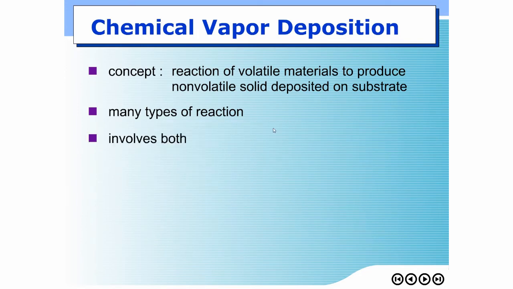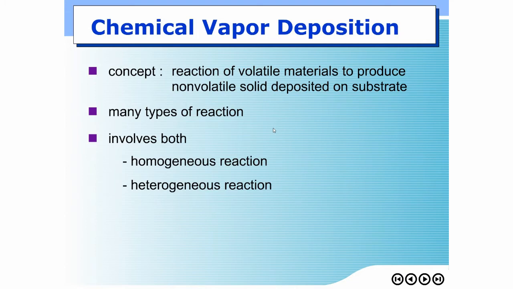The CVD process involves both homogeneous nucleation and heterogeneous nucleation, as I mentioned. If you allow the reaction to take place in vapor, of course there will be homogeneous reaction. Homogeneous nucleation takes place in gas. And what we want actually is reaction on the surface only.